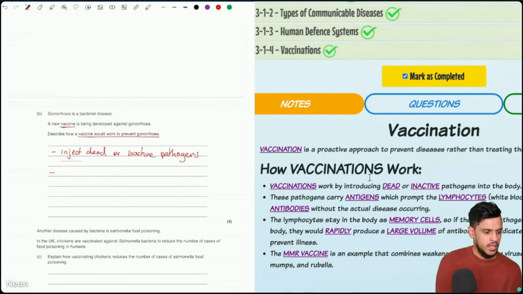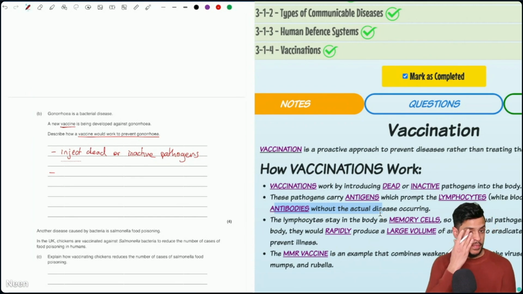And then you don't need to mention the antigens, but you should mention antibodies are produced. Abhishek, when it comes to contact, the immune system remembers. Don't say it remembers. You get a mark for saying it produces antibodies quickly, but you don't say it remembers. You got to mention memory cells though.